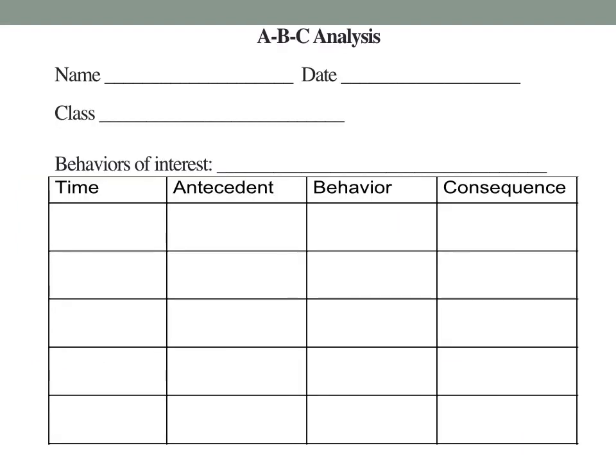This is an example of ABC narrative recording. You will collect data when behaviors of interest, your target behaviors, are observed, and recording is open-ended. So you can record whenever you see the target behavior, then you will record the time, what happened right before the target behavior, and what happened right after the target behavior.